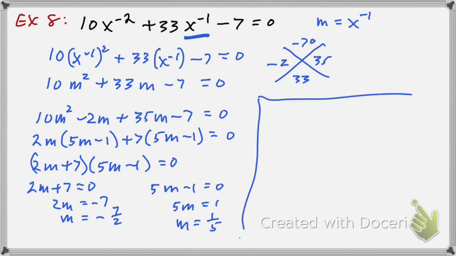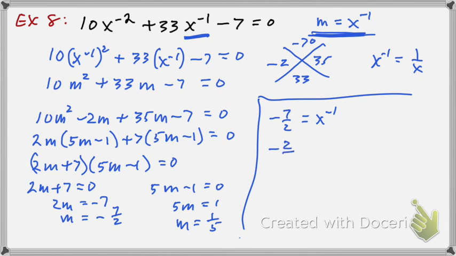But now I've got to go back and plug those values into this thing right here. So I got negative 7/2 equals x to the minus 1 power. Now y'all, x to the minus 1 just equals 1 over x, right? So if I want to solve that, an easy way to do it is just to flip both sides.